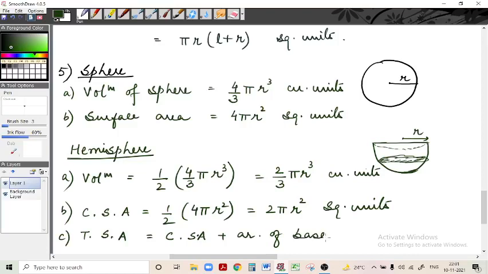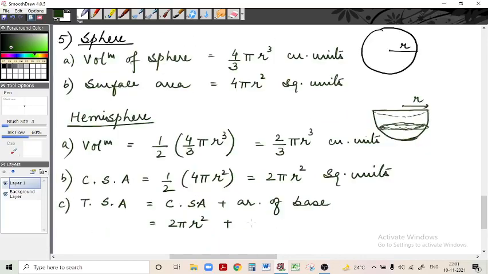Now in this case, what is my curved surface area? Curved surface area is 2 pi r square, and area of my base is pi r square, because it is circular in shape. So this is equal to 3 pi r square units. So my total surface area will be 3 pi r square.